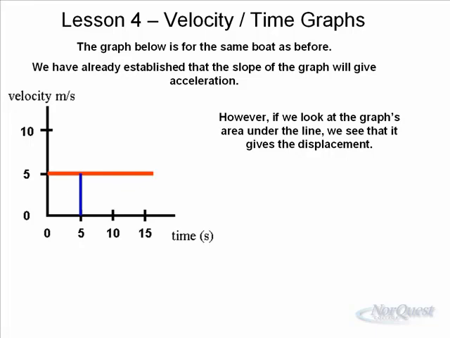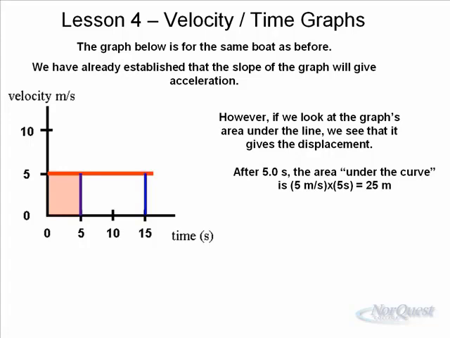After 5 seconds, the area under the curve, which is of course rectangular in shape, gives us 5 meters per second times 5 seconds, a displacement of 25 meters.